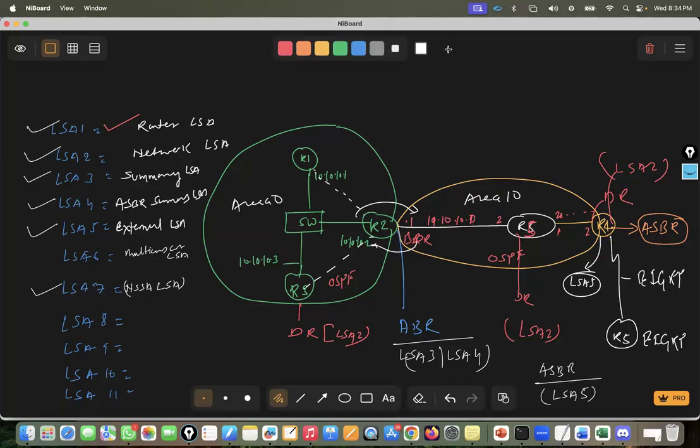We have the area types: the normal area, the backbone area, we discussed that, right? We have the stub area.